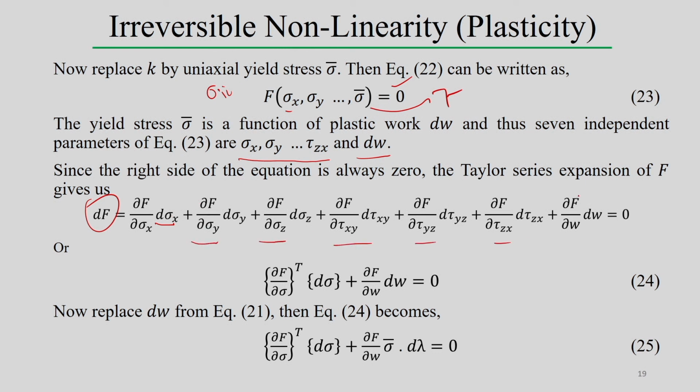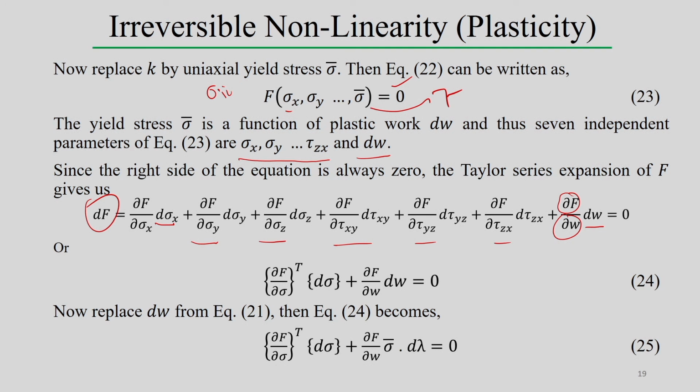Finally, del f by del w into dw. Because dw and the other stress components we can assume to be independent parameters, we consider partial derivatives, and then the total derivative df can be represented in this particular functional form, equal to 0.